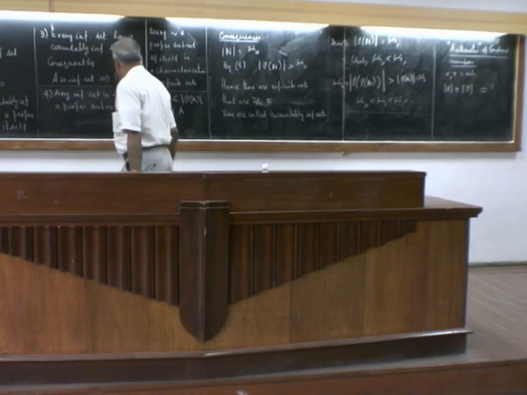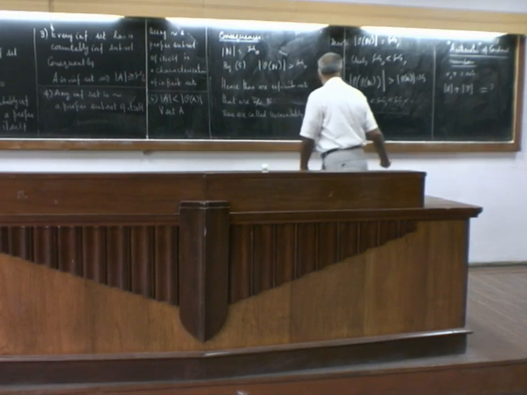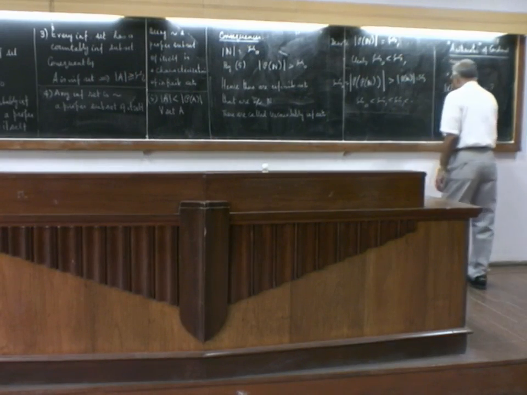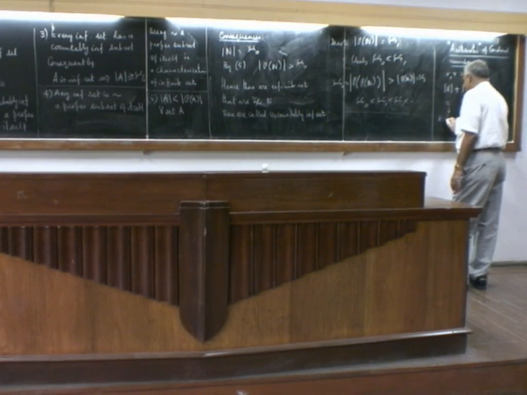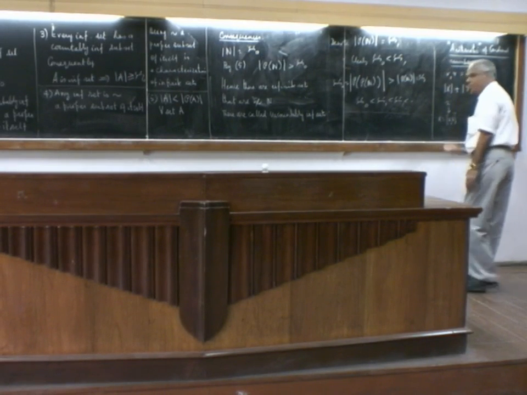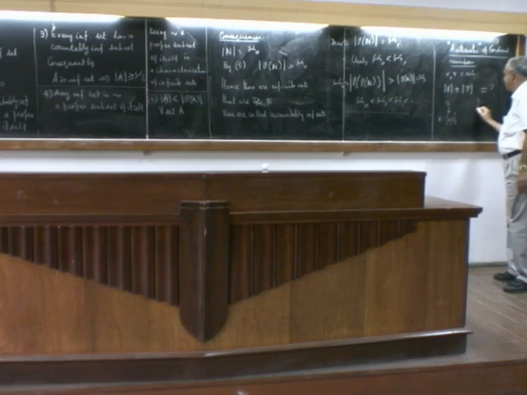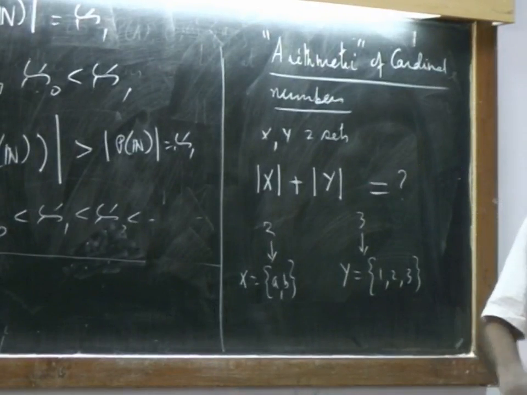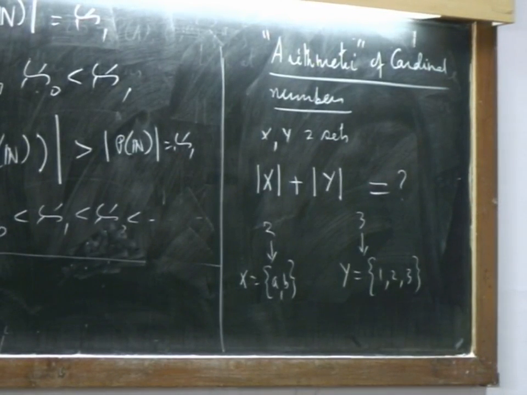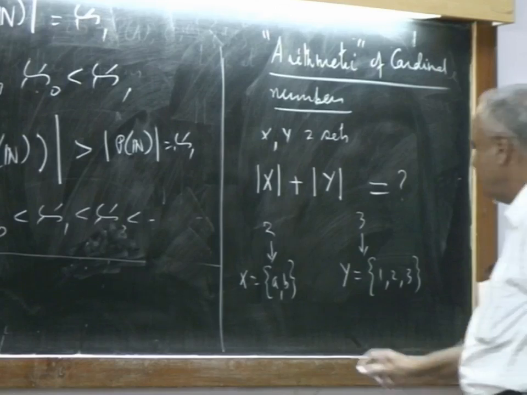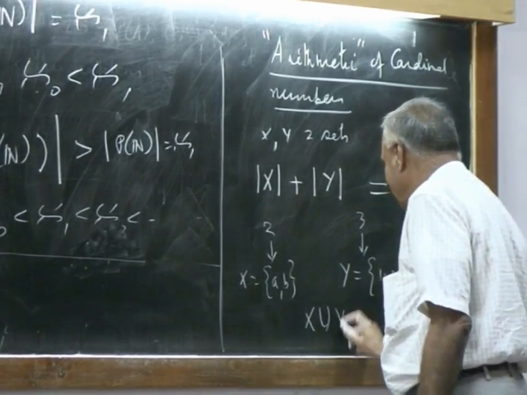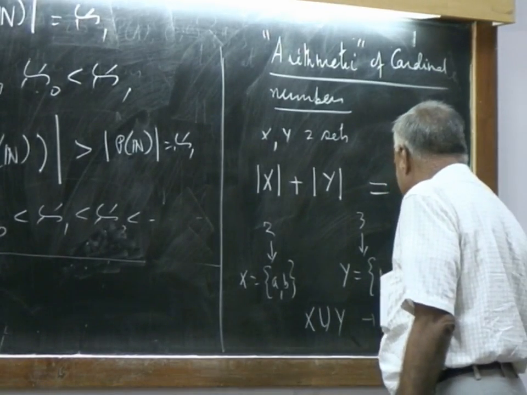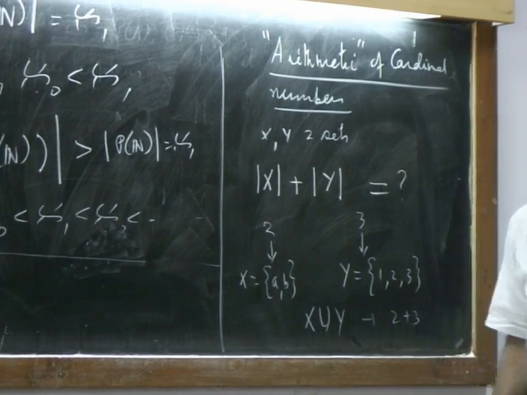If I now take a set which represents the number 2 and a set which represents the number 3, then what represents that number 5 which you have in addition? The x union y represents the number 2 plus 3.